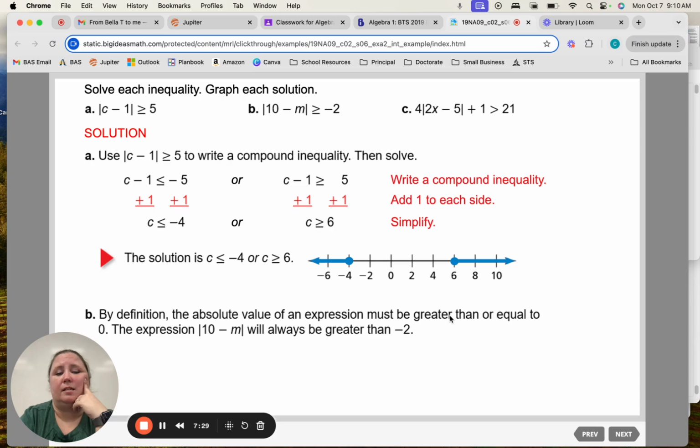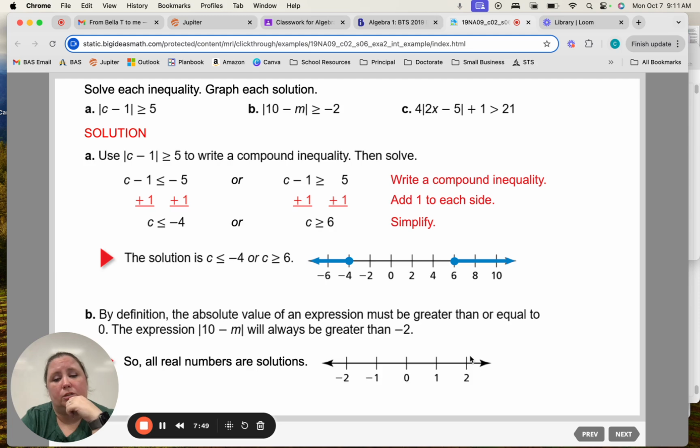All right, let's do B. By definition, the absolute value of an expression must be greater than or equal to 0. The absolute value of 10 minus m will always be greater than negative 2, so all real numbers are solutions.